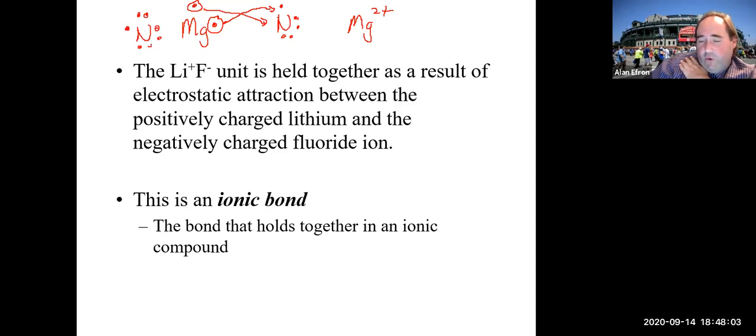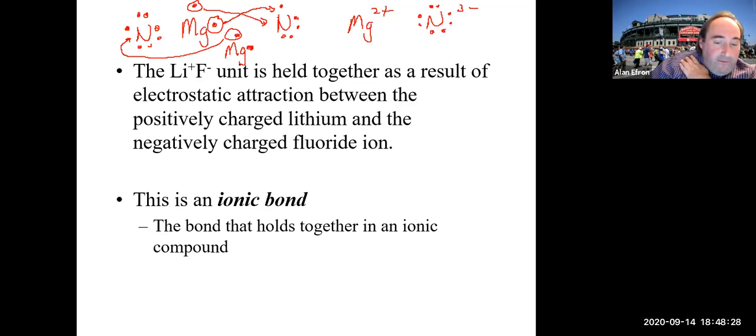It's still short one for nitrogen to get the 8. So we need another magnesium that has 2. And this guy will go here and get that guy filled up. Total, this guy gained 3 electrons, so he has a -3 charge.